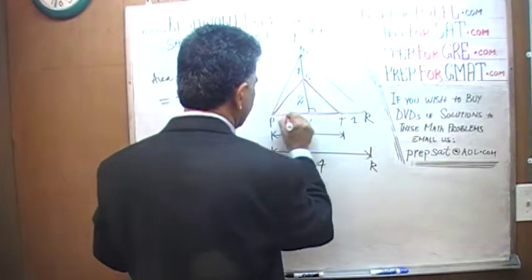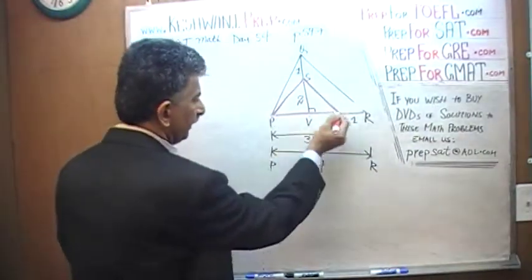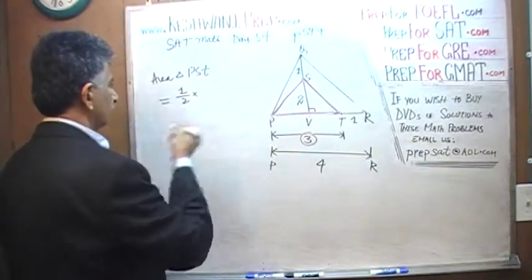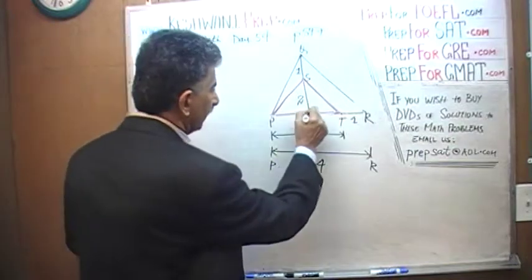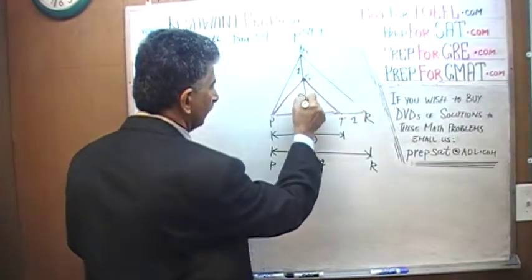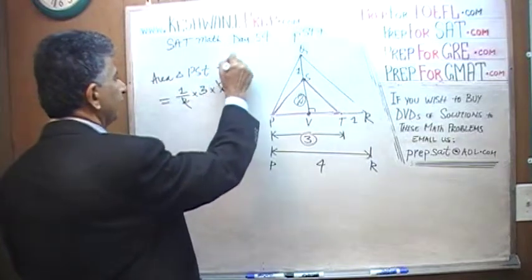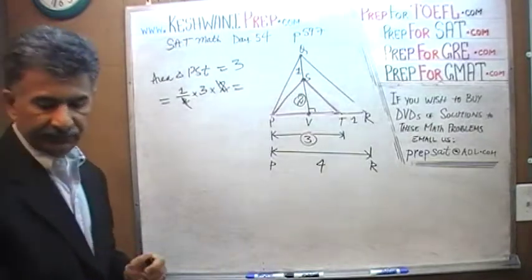What's the base of this triangle? P to T. P to T is 3. So that's the base. And what's the height of this triangle? The height is from here to here, which is 2. So the area of PST is just 3 because the 2s drop out. The area of PST is 3.